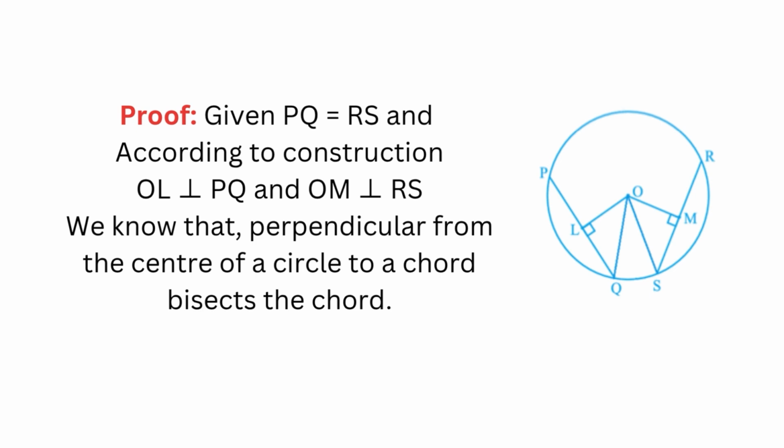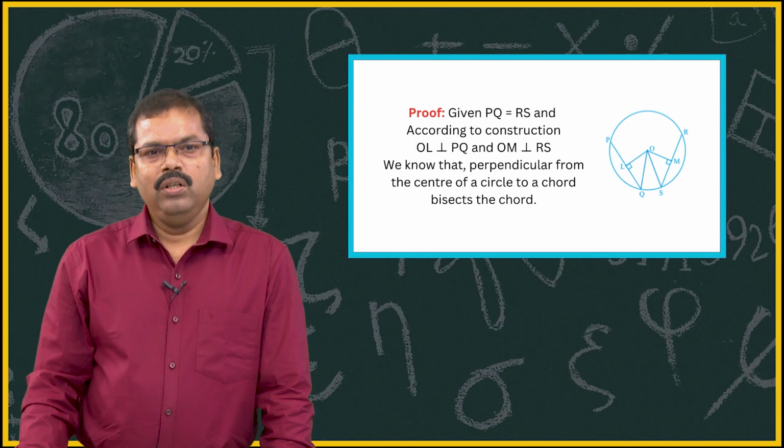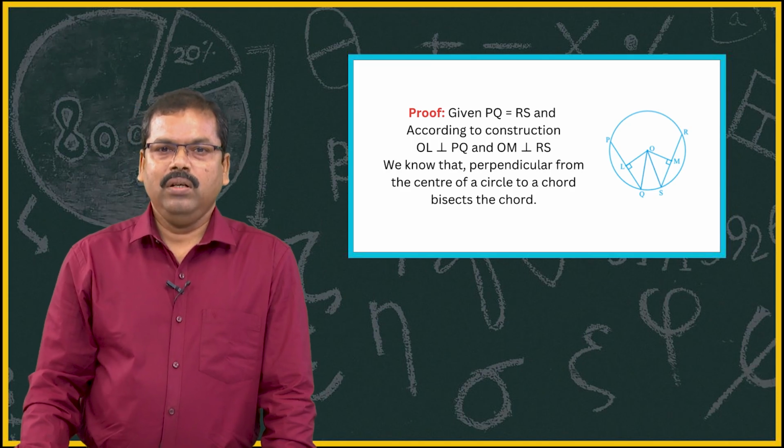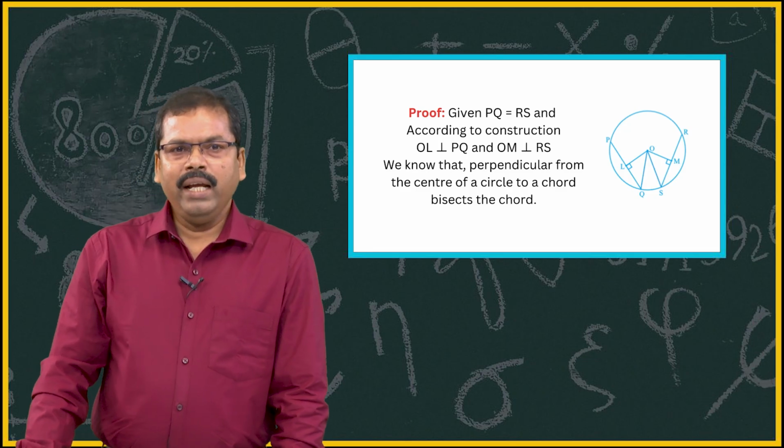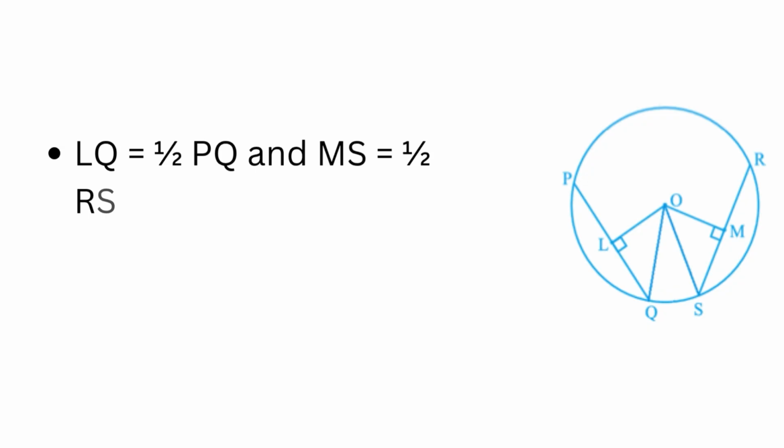Clear? We know the perpendicular from the center of a circle to a chord bisects the chord. So, what is the length LQ now? LQ equal to half of PQ. Similarly, MS equal to half of RS.